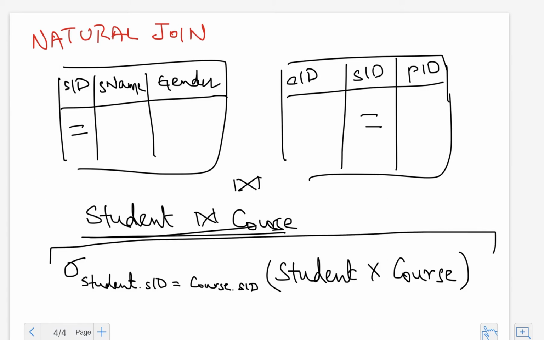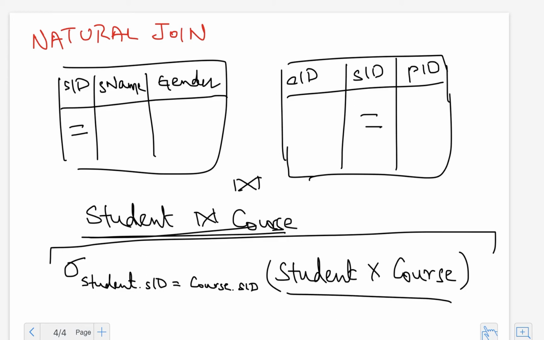The only difference would be that when you do a natural join, it gets rid of the duplicate columns. So when I get the result of this thing, it won't have 6 attributes or 6 columns. It would only have 5, because the SID is repeated, so it'll just take the SID once. Whereas when I do a cross join, it'll probably have the SID twice.